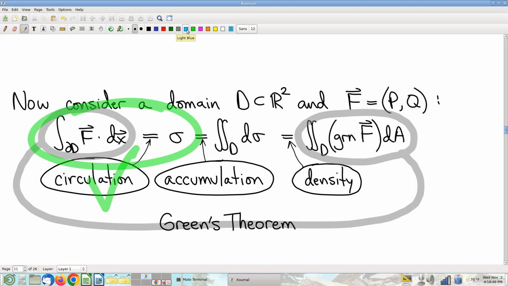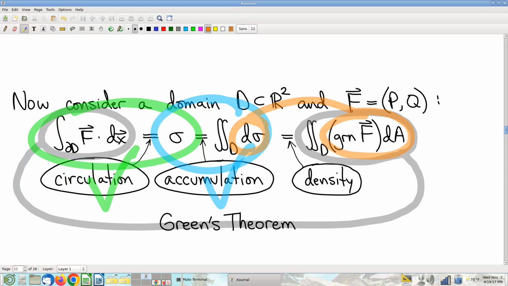Then I argued that circulation is an accumulating quantity. Right? If it's an accumulating quantity, then the circulation on the whole is the sum of the little bitty pieces of circulation that you would get by looking at one little piece at a time. And then we have this density idea, right?